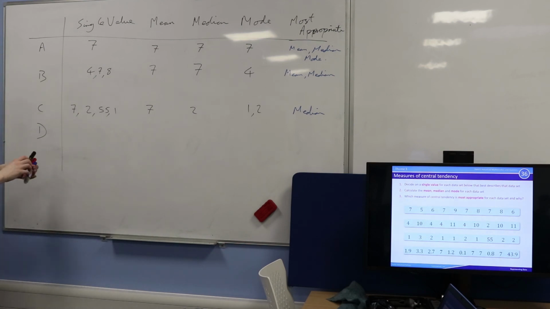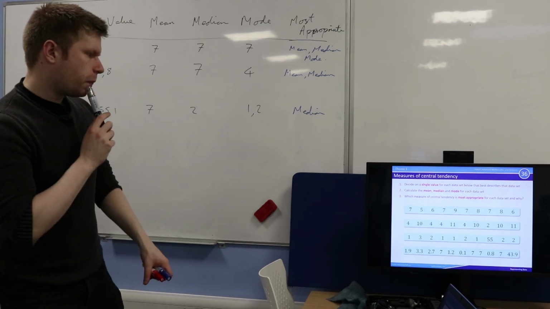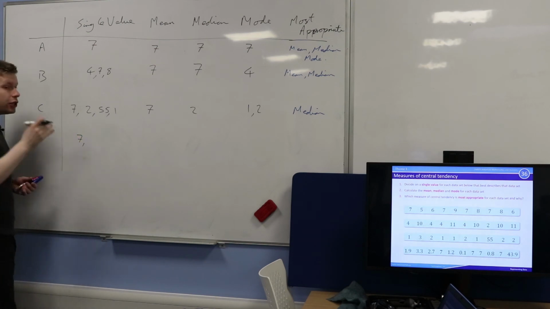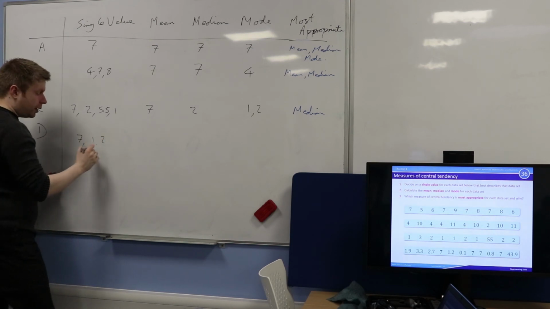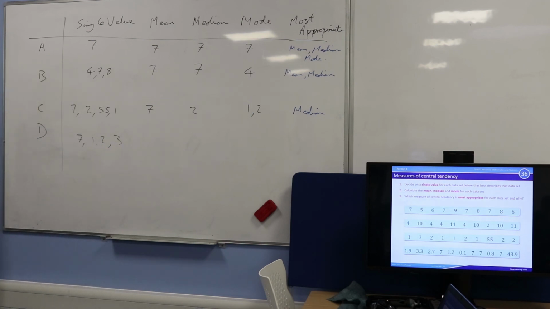Have a look at the last one then. Can you decide on a single value that best represents that data? 7. Okay. Any other suggestions? 1.2. All right. Any others? 3. Okay. So let's go through and calculate each of these measures of central tendency.